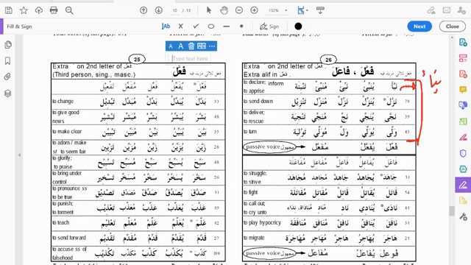Nabba'a, informed as well. The difference between naba'a and nabba'a is that when you have the shadda, there was an actual process of informing in order to inform the person.